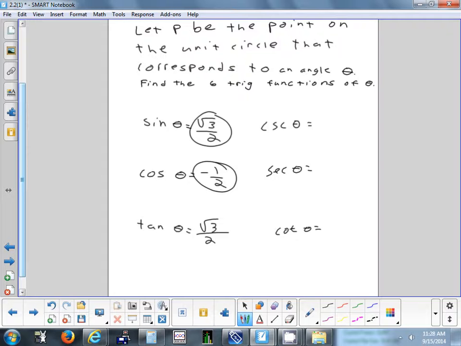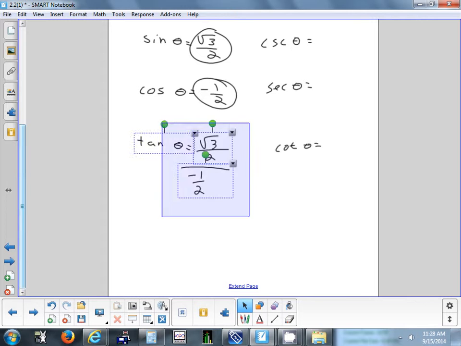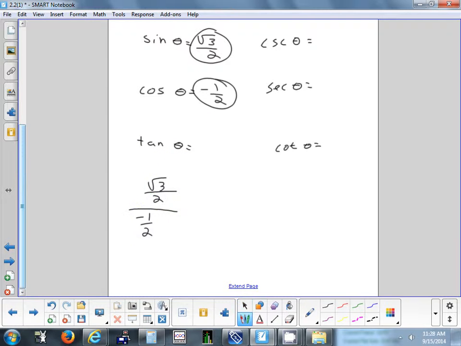So it's square root 3 over 2 divided by -1/2. Okay, how can I simplify that a little bit? Fraction divided by another fraction.